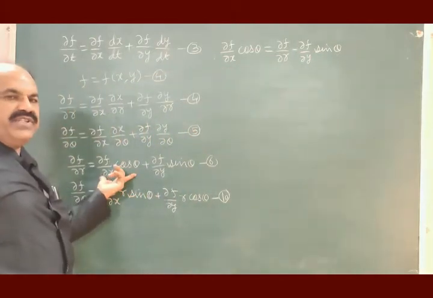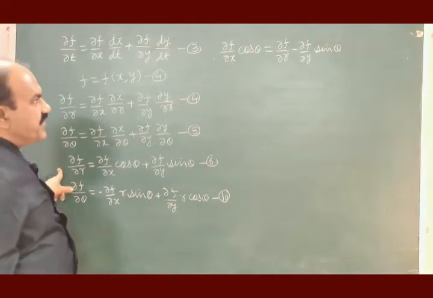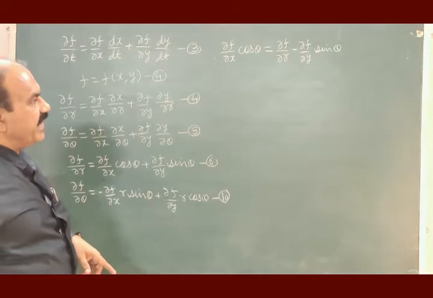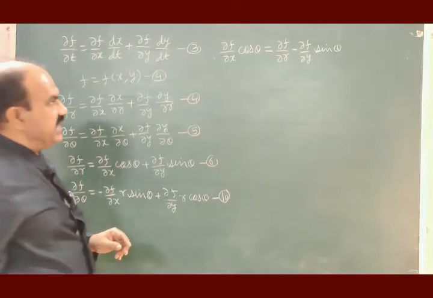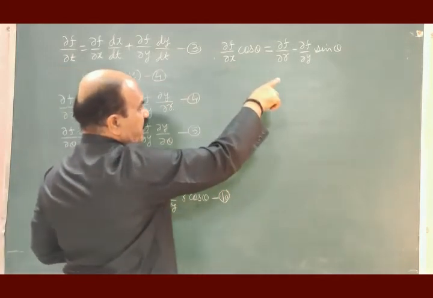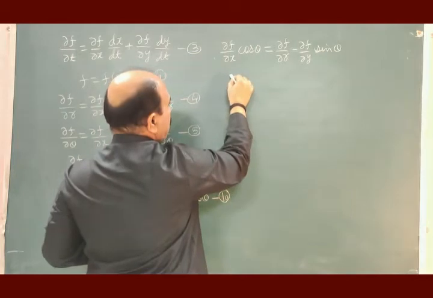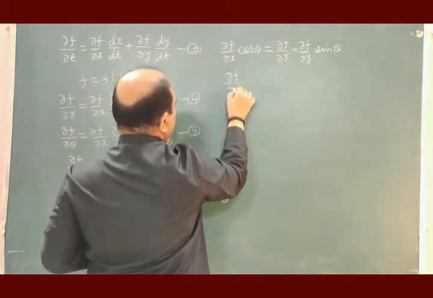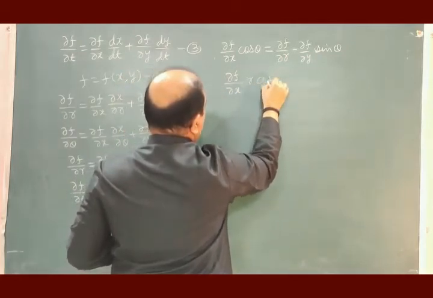This term is kept here as it is, and the second term is transferred to the LHS to get dou f by dou x cos theta is equal to dou f by dou r minus dou f by dou y sin theta. Multiply both sides of this equation by r cos theta.